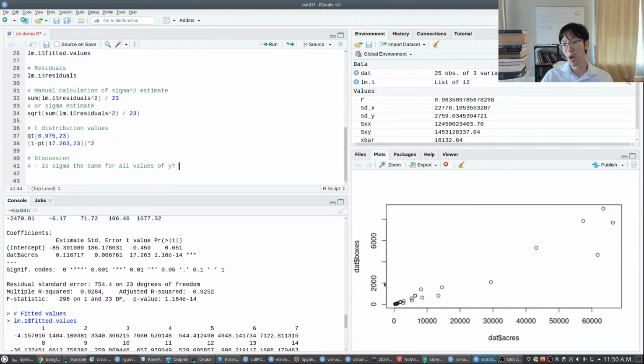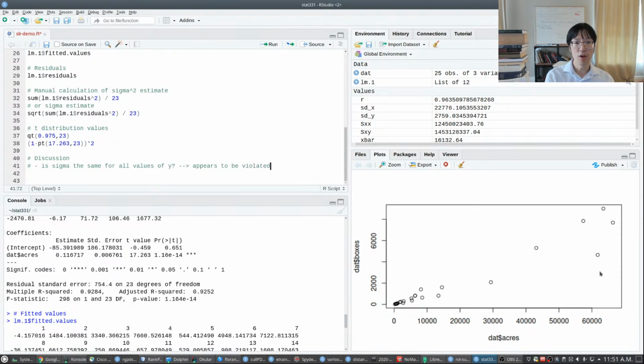So as we'll discuss later, this is testing the equal variance or homoscedastic assumption. In this case, it appears that sigma would probably be smaller when you have fewer acres than when you have more acres. So it appears to be violated.